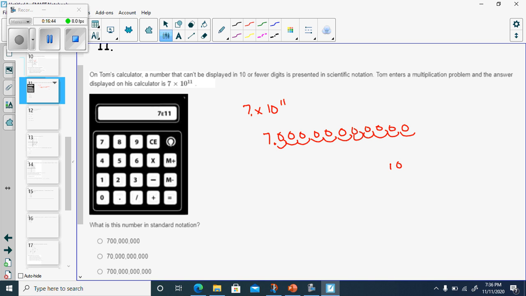Okay, got 0s. Those are the first three. Here are my second three. Here are my third three. 0, 0, 7. Okay, I've got 3 batches of those and 700 in the front. 700 and then 3 batches of the 3 zeros. There we go.